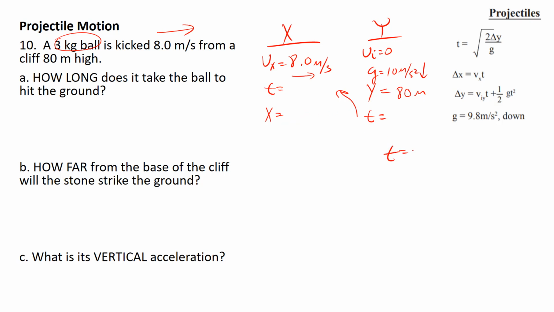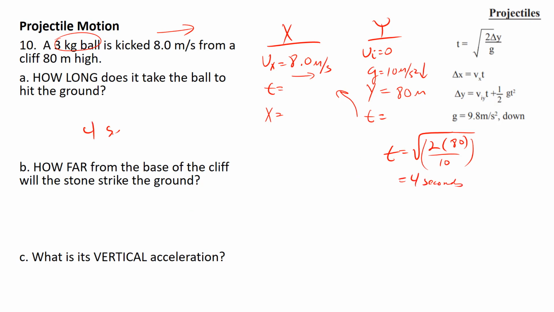So t equals square root of 2 times 80 over, we'll just go with 10, but you can use 9.8. And when you do that, 2 times 80 divided by 10, take the square root of that answer, and you get 4. So that's going to be 4 seconds.